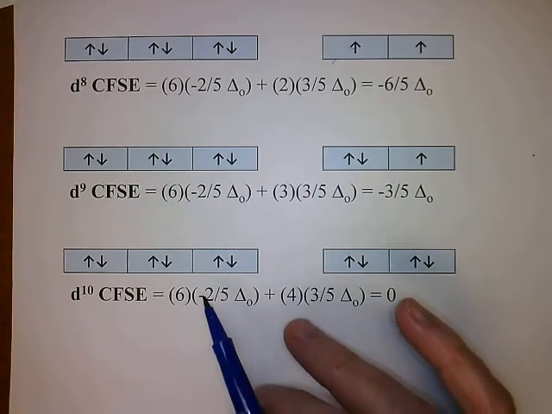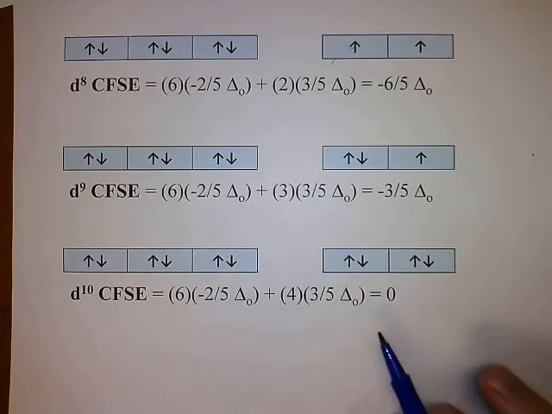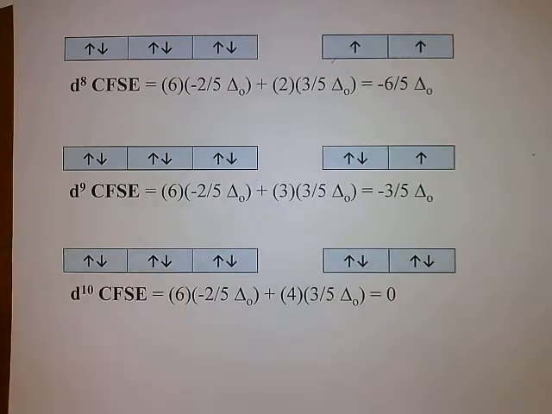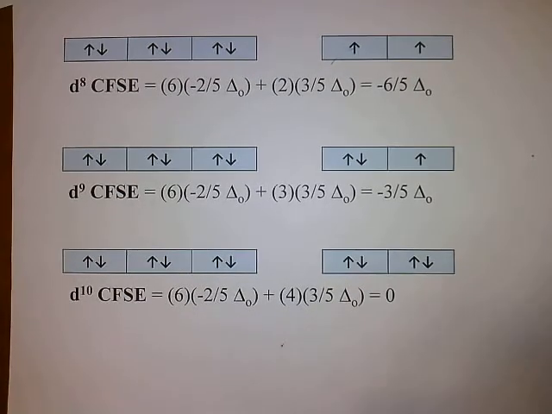Well, minus 12/5 plus 12/5, it adds up to 0. So here's going to be another case where we have no crystal field stabilization energy, right? So for the D5 and the D10 ions, there is no crystal field stabilization energy.